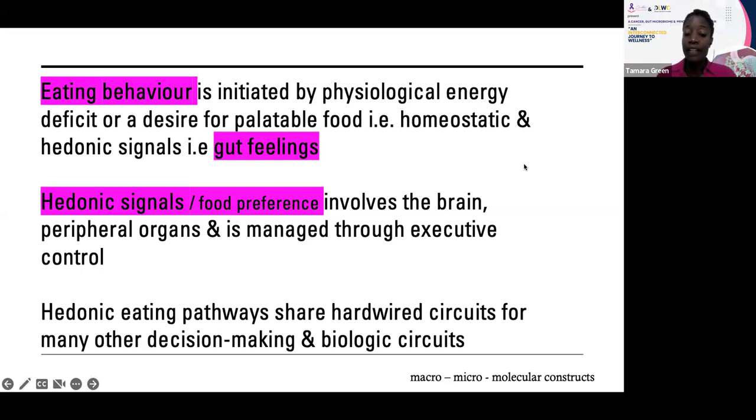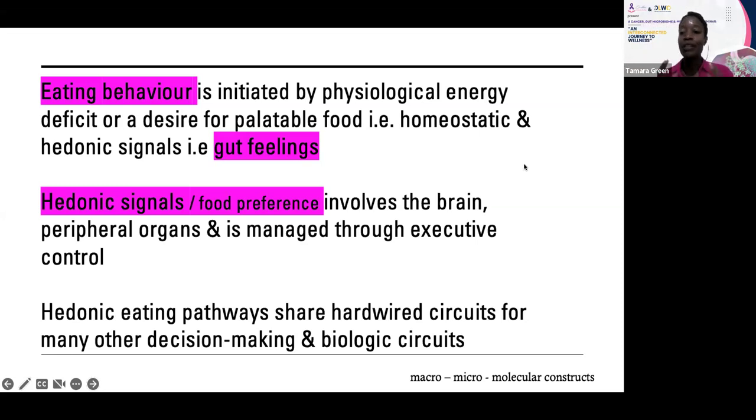And our food preference is managed through our executive control. And I needed to state that outside of just saying that it is the brain, because our executive control is that area behind our foreheads that is responsible for us to think logically, make decisions, make choices, and be temperate or intemperate.